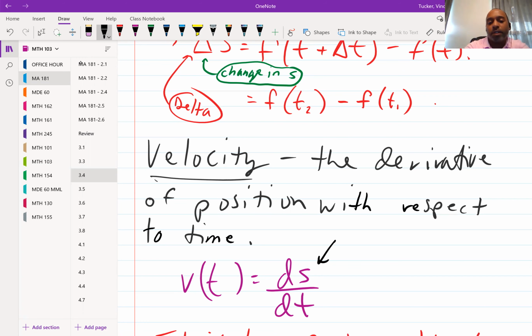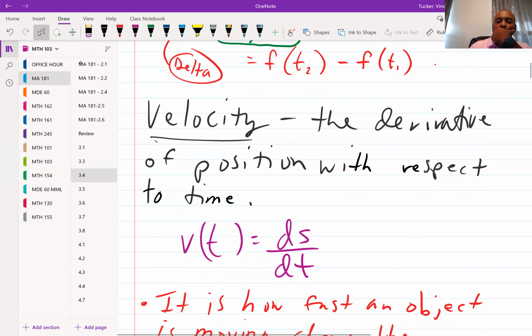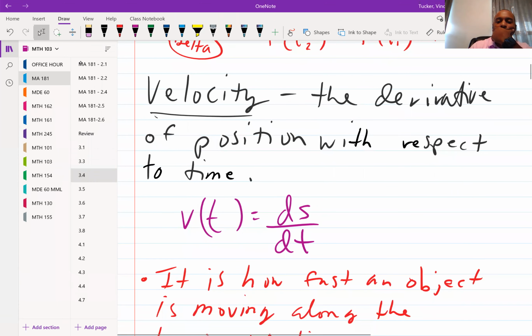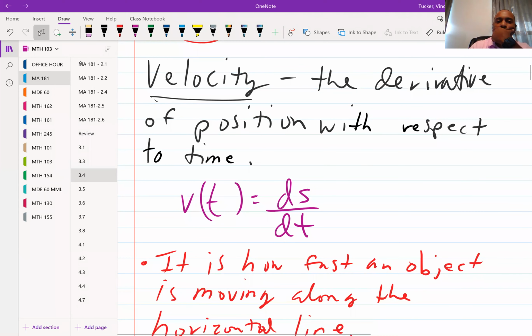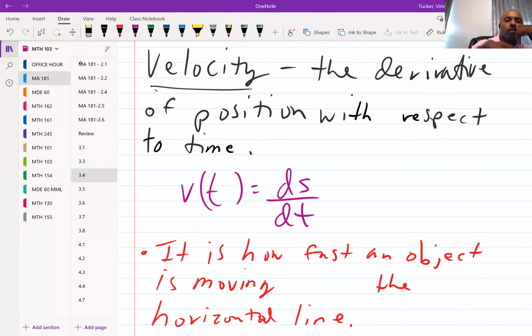Derivative of S with respect to t. So your velocity is how fast an object is moving along the horizontal line.